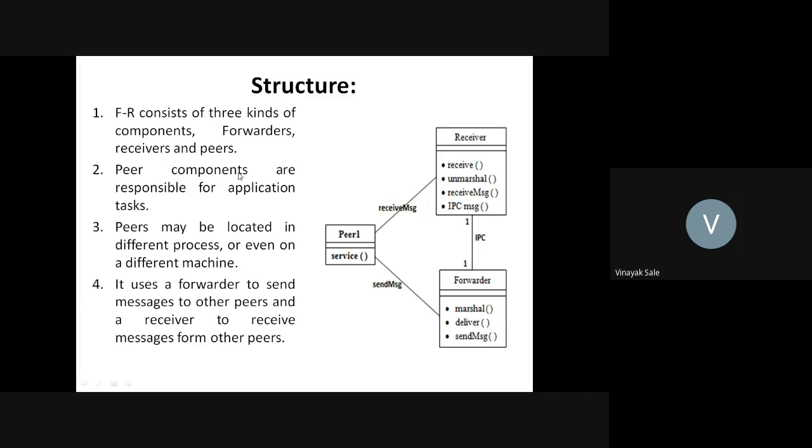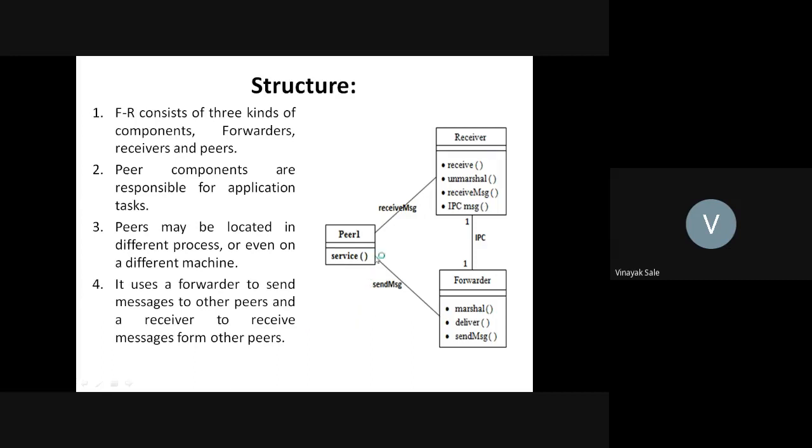Peer components are responsible for application tasks. Peers may be located in different processes or even on different machines. A peer uses a forwarder to send messages to other peers and a receiver to receive messages from other peers.